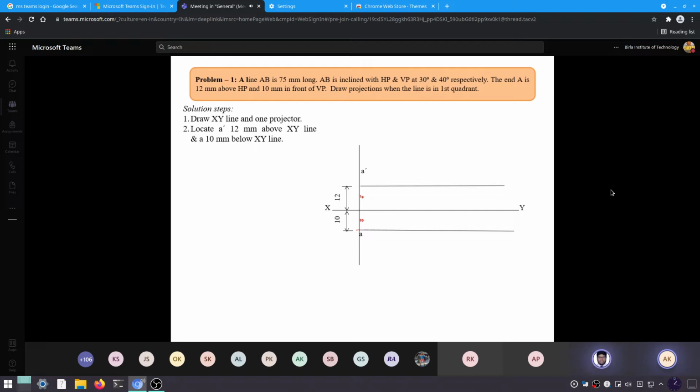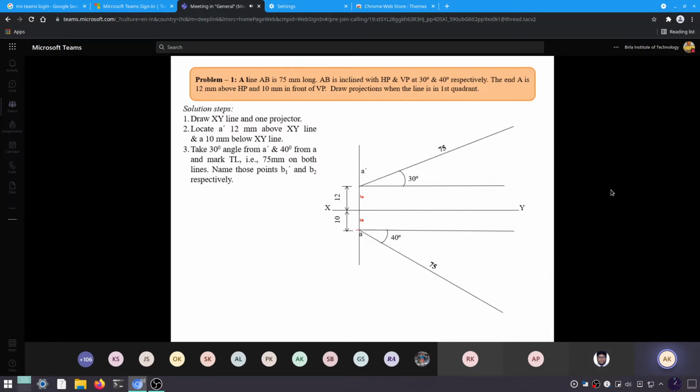Now, once we get the point A, let's start our construction with true lengths. We draw 2 lines 75 mm long, based on these 2 angles.